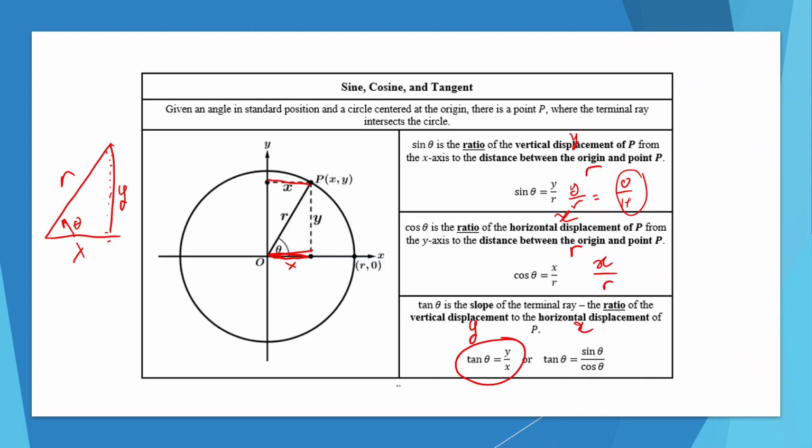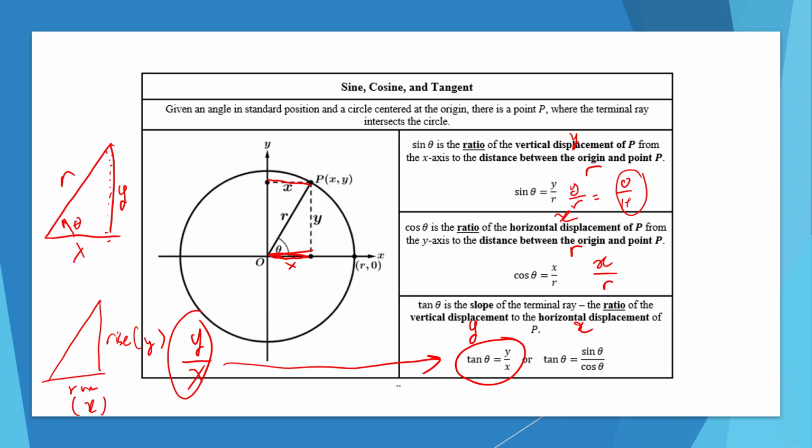However, if we think about this, what is the slope of this line? Rise over run is slope. And rise, in this case, is our y value, and run is our x. So rise over run is our slope, but what is it also? It's also tangent. We also can get tangent by doing sine over cosine.